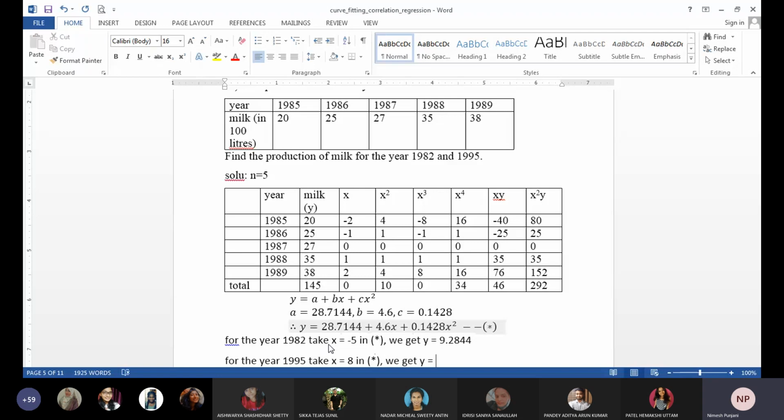What is the value of y? 74.6536. Yes, 74.6536.